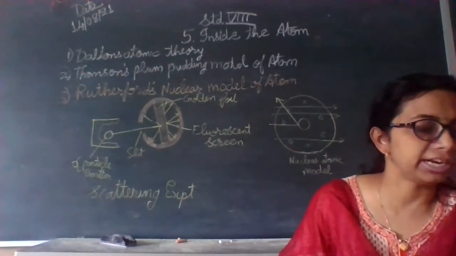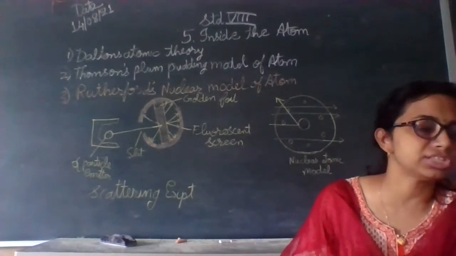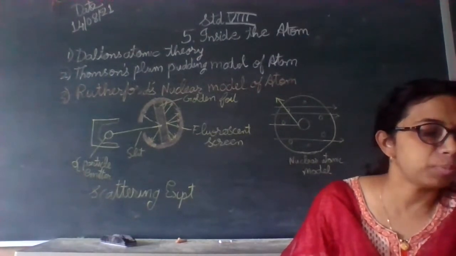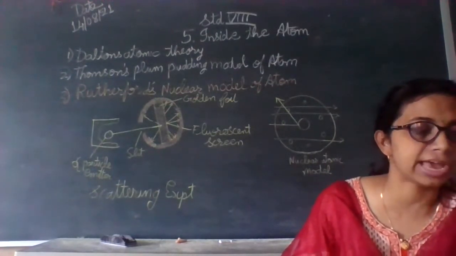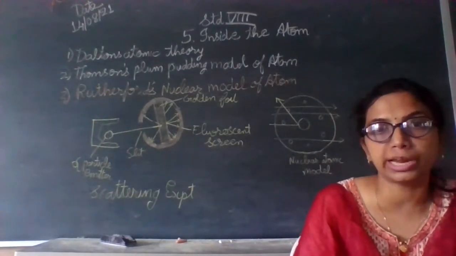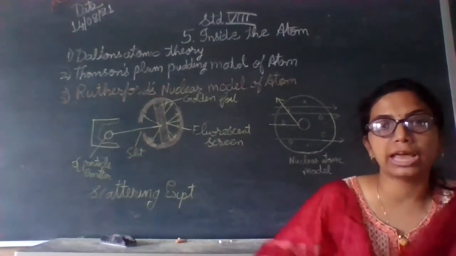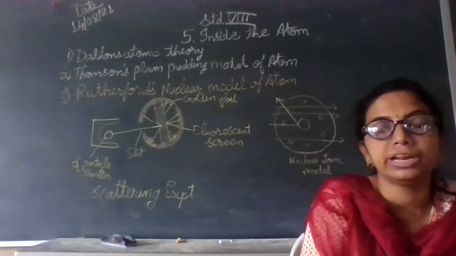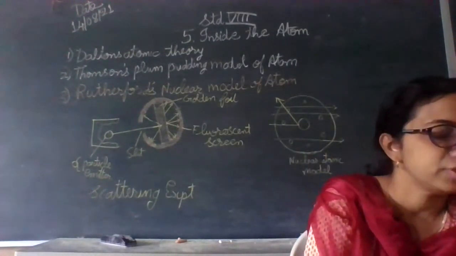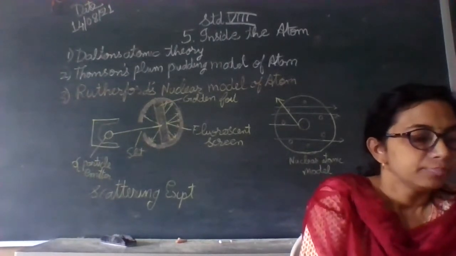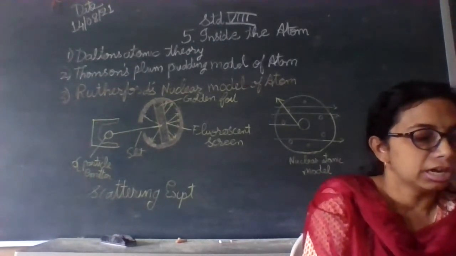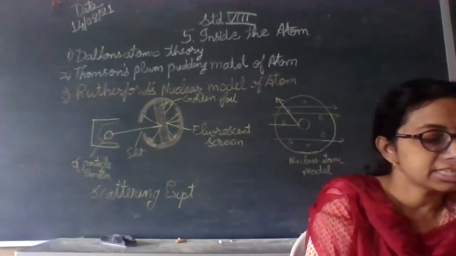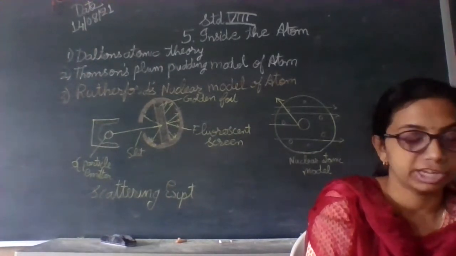It was expected that the alpha particles would get reflected from the gold foil if the positively charged mass were evenly distributed. If, like Thomson's model, the positive charge was completely evenly distributed all over the atom, there would be regular reflection.